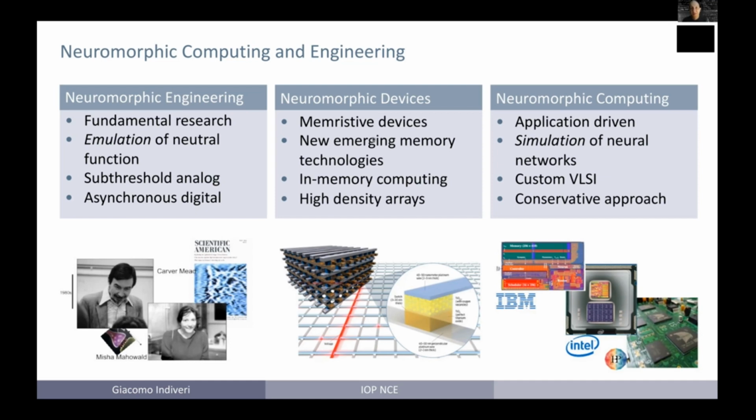And finally, the most recent pillar is the one that is looking into applications. It's an application-driven system that is simulating spiking neural networks using dedicated custom VLSI chips. The first one that was proposed was a purely digital spiking neural network chip, the TrueNorth from IBM, but there are others that are providing impressive results, such as SpiNNaker, the Heidelberg chips, and now more recently the Loihi chips.